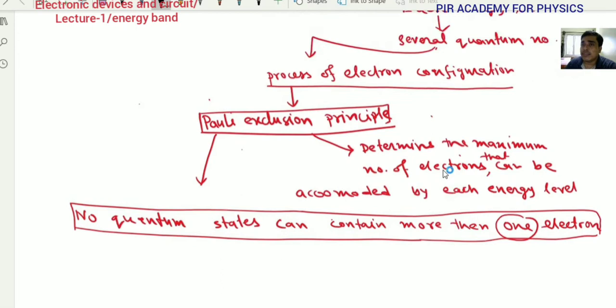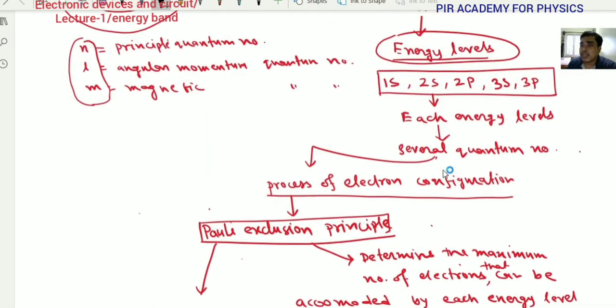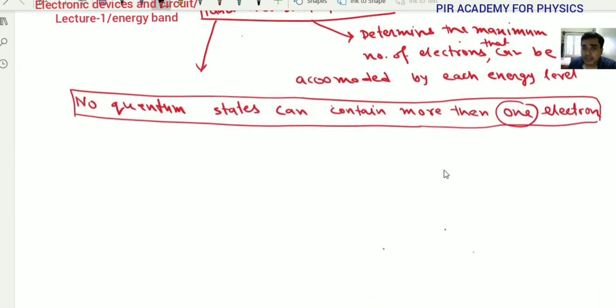Suppose here is the energy level. Suppose there is a 1s energy level. This 1s energy level has two quantum states, that's why it contains two electrons. Suppose this is a 2s energy level. This energy level has two quantum states, that's why it contains two electrons.